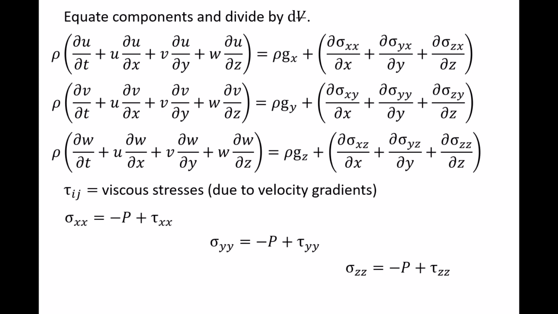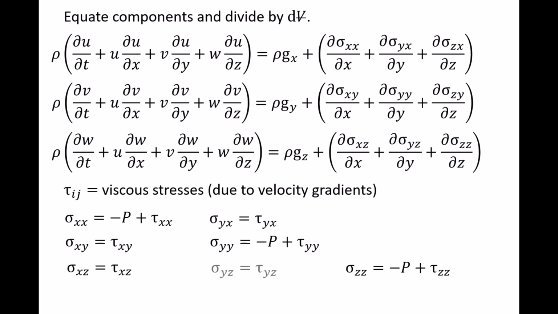The 6 remaining stresses, where the two subscripts are different, represent shear stresses and cause fluid elements to undergo shear strain. We replace sigma xy with viscous stress tau xy. Sigma xz is replaced with viscous stress tau xz. Sigma yx is replaced with viscous stress tau yx.